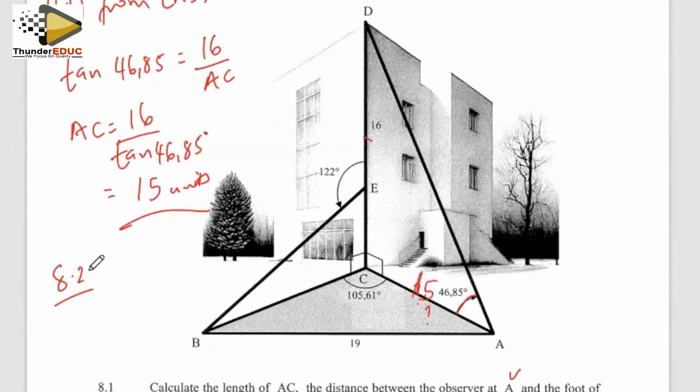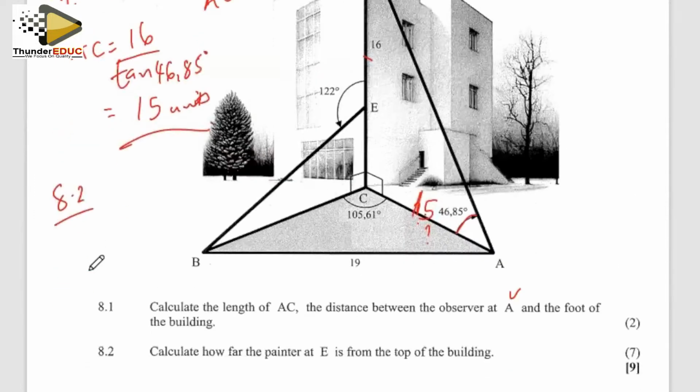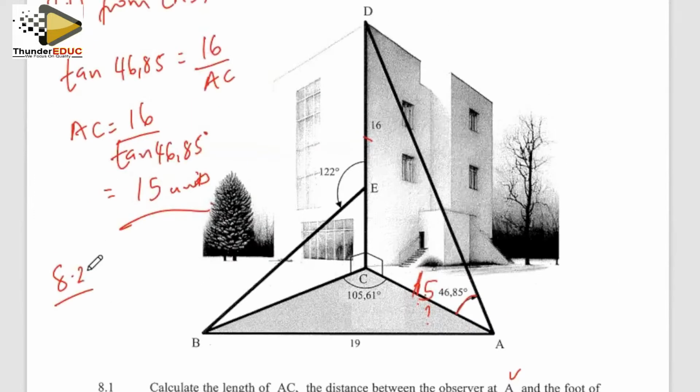8.2. They want us to calculate how far the painter E is from the top. In other words, we need to find this distance here. For me to get that distance, I need to find what CE is. For me to get CE, I can find this angle.